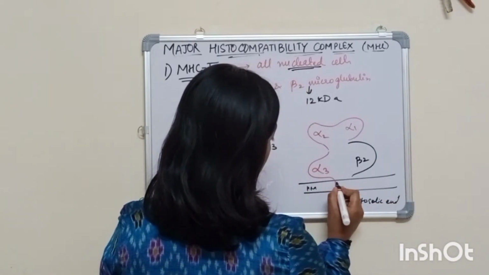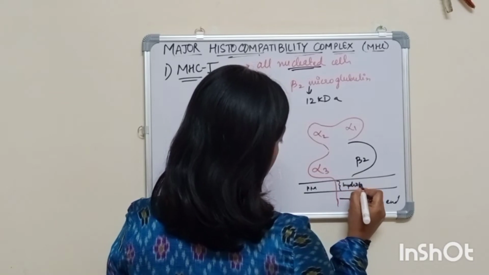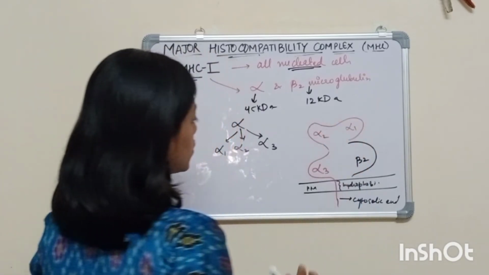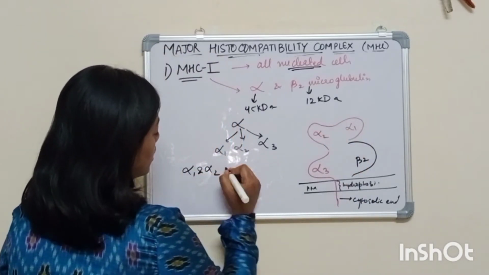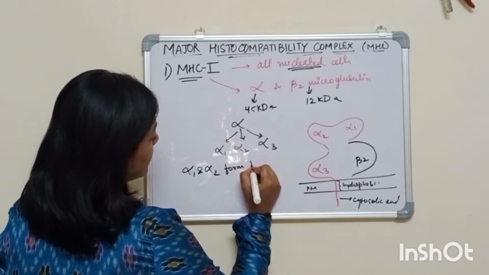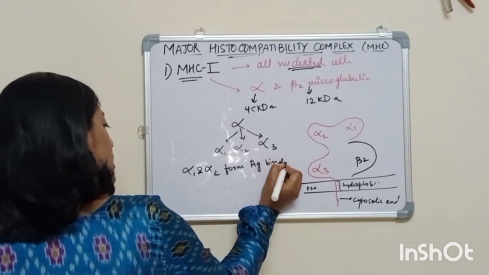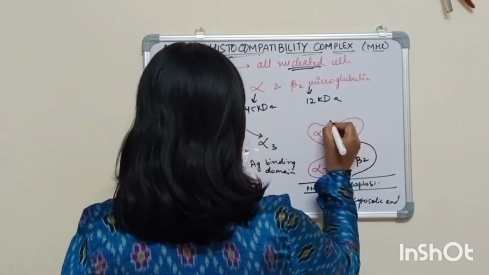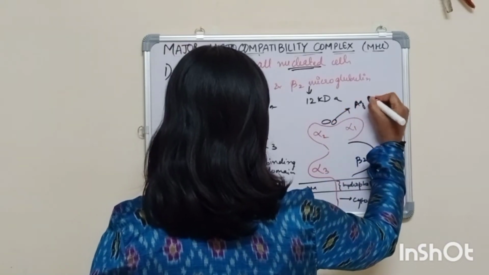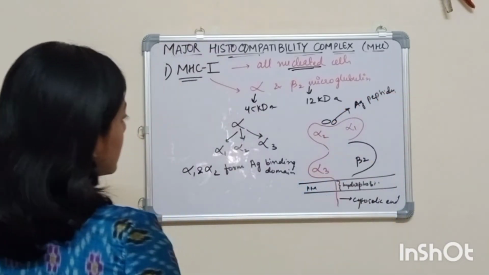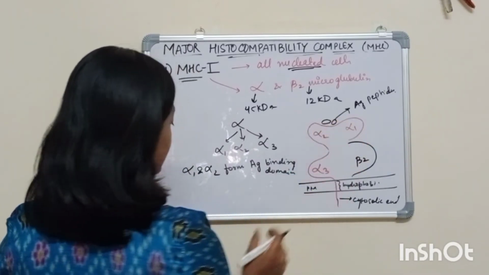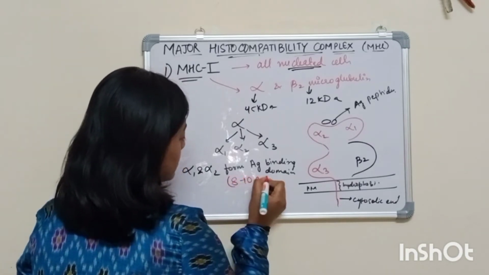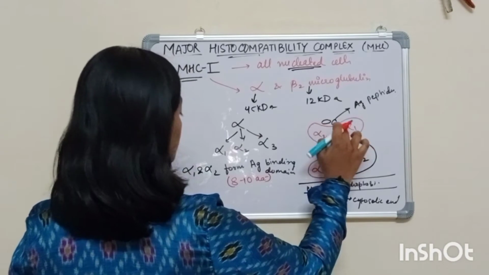This is the transmembrane domain, hydrophobic domain. Now alpha 1 and alpha 2 form the antigen binding domain, where the antigenic peptides bind. This antigenic peptide binding site formed by alpha 1 and alpha 2 is of 8 to 10 amino acids.